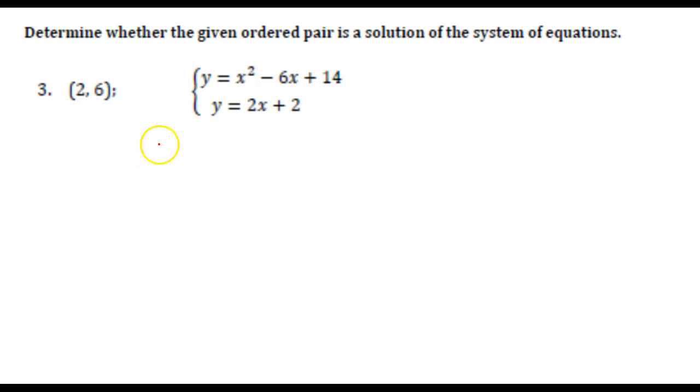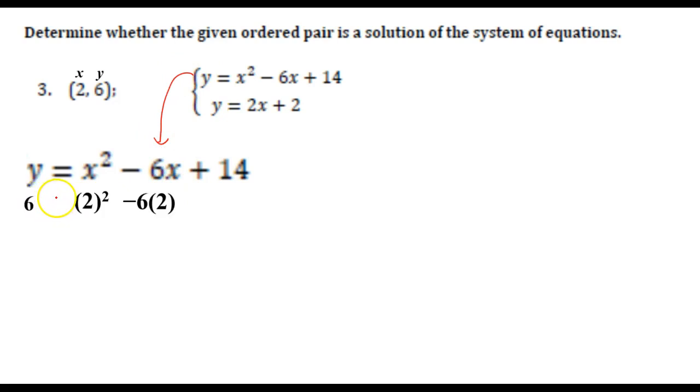Pause right here if you want to try this out on your own. And unpause, that would be, we'll label this x and y. That would be y equals x squared minus 6x plus 14. We're going to again write in our values for x and our value for y, and we're going to work this out.